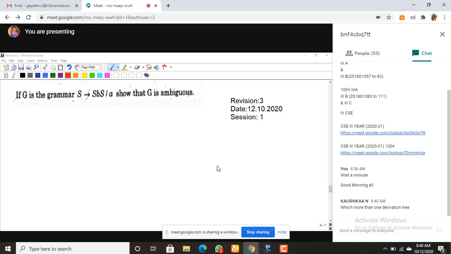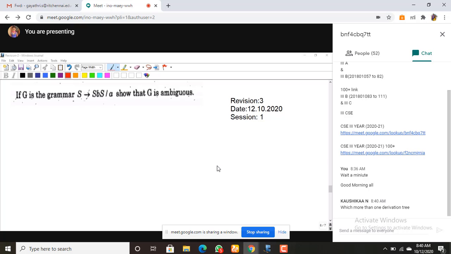A language or grammar which has more than one derivation tree. If you are able to draw more than one derivation tree for the same grammar, it is ambiguous. More than one derivation tree may be a left derivation tree or a right derivation tree.